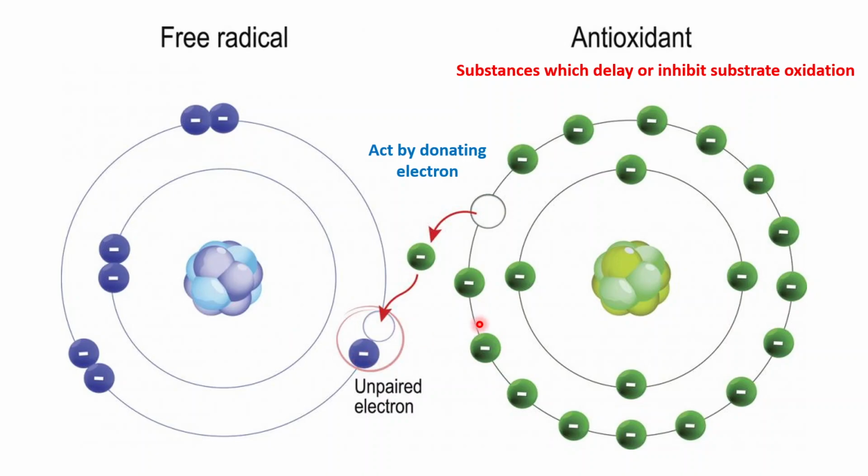So antioxidants donate their one electron, and the free radical now has a paired electron in the outermost orbit and becomes stabilized. These antioxidants are also known as scavengers of free radicals, because they remove the free radical effects.